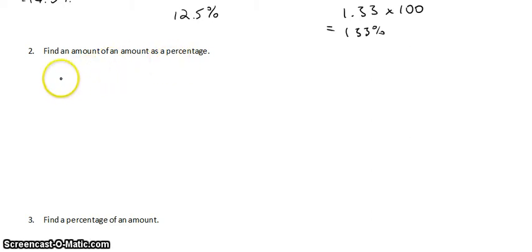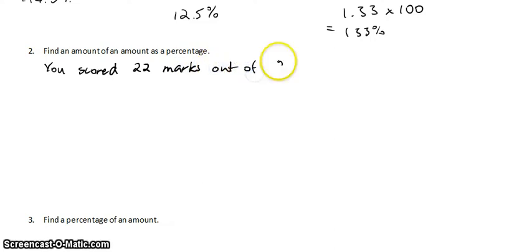Alright, let's say you completed a maths test, and the test had 25 marks, and let's say you scored 22 marks out of 25, and you want to know whether you got an A, B, C or D. Let's say that to get an A you have to get over 85%, and let's see if you get an A by turning this 22 out of 25 into a percentage.